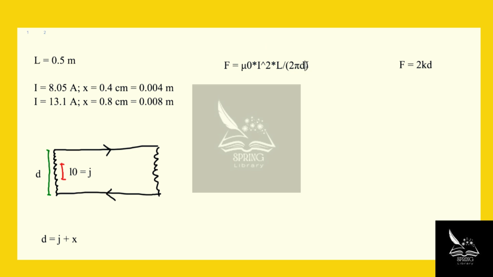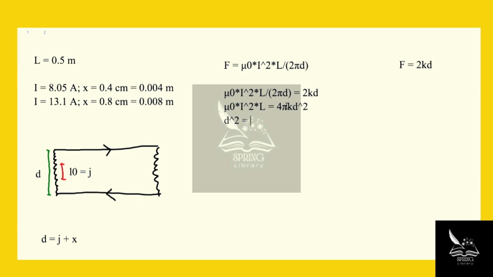Now we want to set these equal, so I'm going to set this equal to 2kd. Then let's rearrange and simplify this a bit. Let's keep our mu naught I squared over here and multiply by 2 pi d on both sides. That's going to give us a 4 pi k d squared. And let's solve this for d.